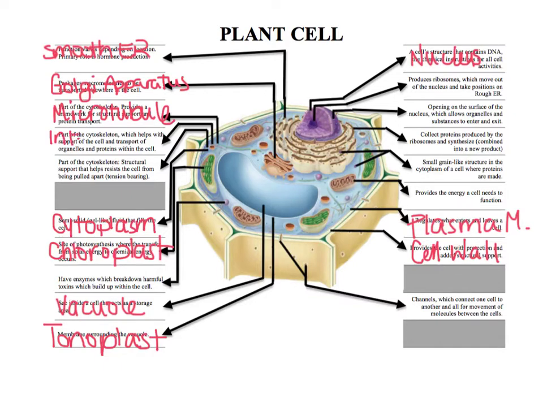Intermediate filaments are the little guys that act like the roadways within a cell. Remember the video we watched yesterday with that guy that was kind of walking along the tightrope? That little rope that he was walking along is the intermediate filament.